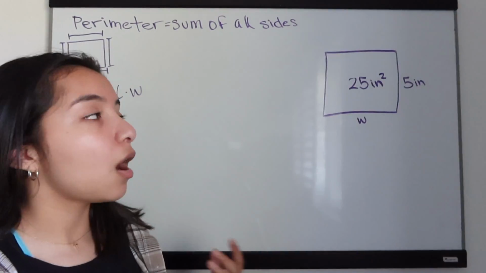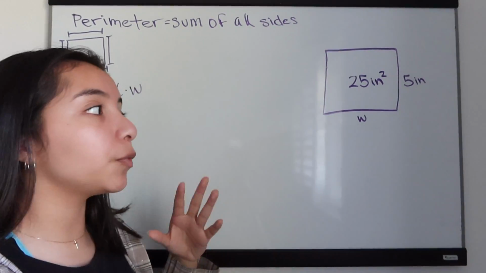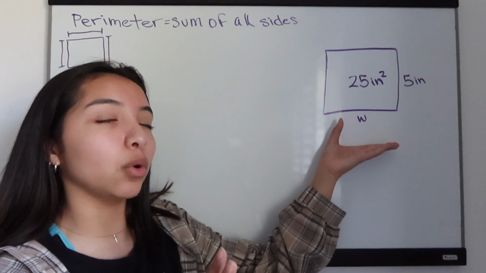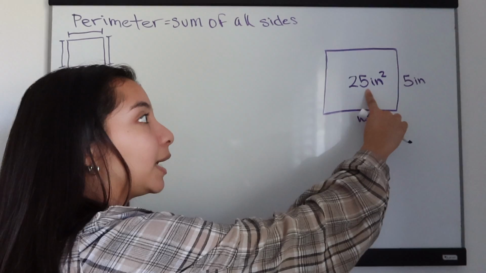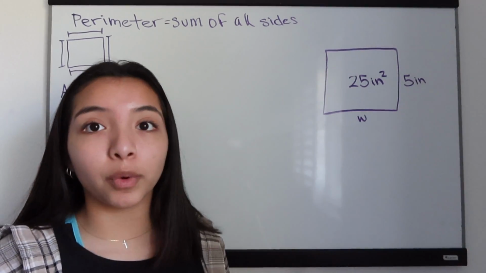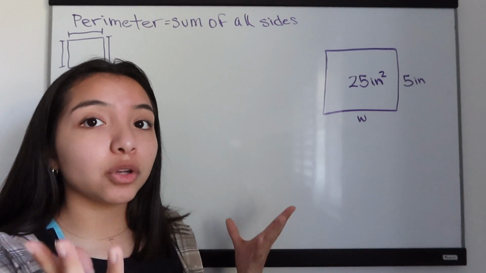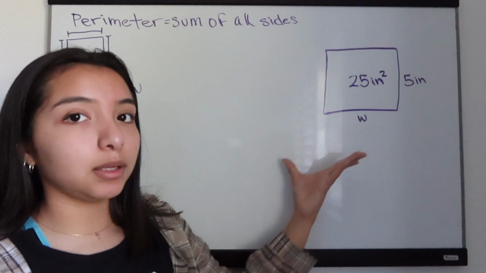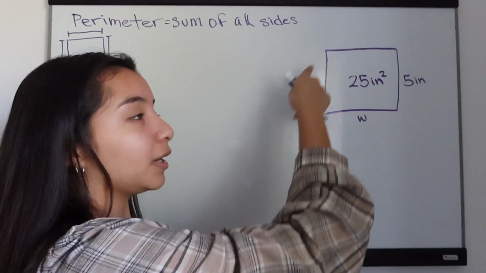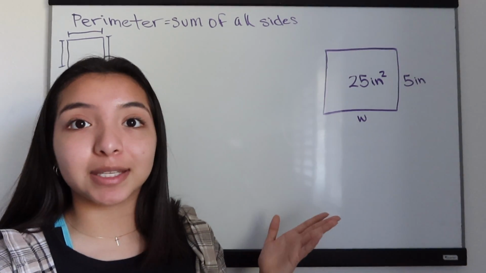Next problem. Alright, so this is the next figure, and for this figure, we will only be solving for the perimeter because we already are given the area. The area is 25 inches squared. What we don't know is the length of the width. So that's what we need to figure out. Right off the bat, we can tell that this is a square because all sides seem to be the same.